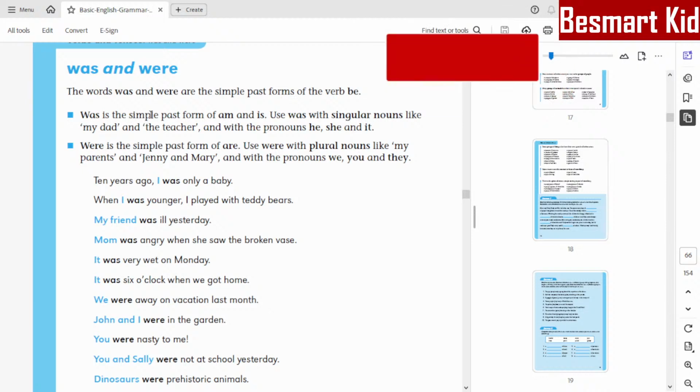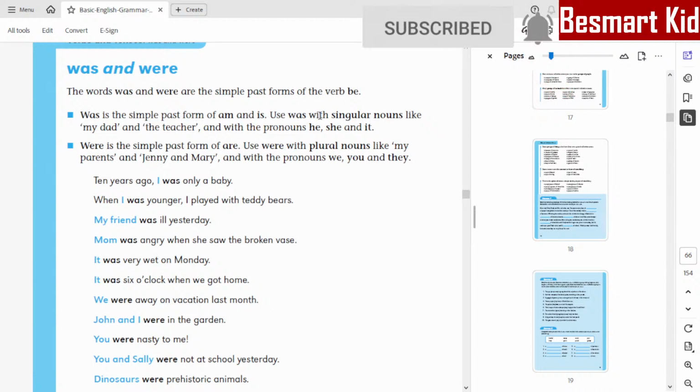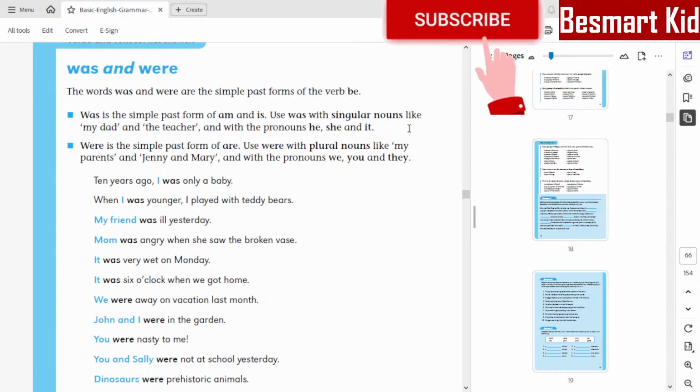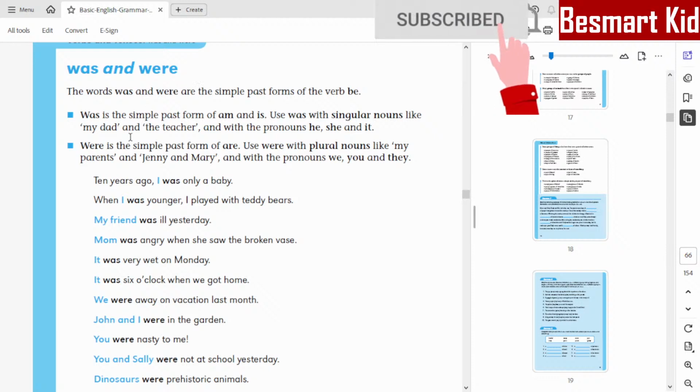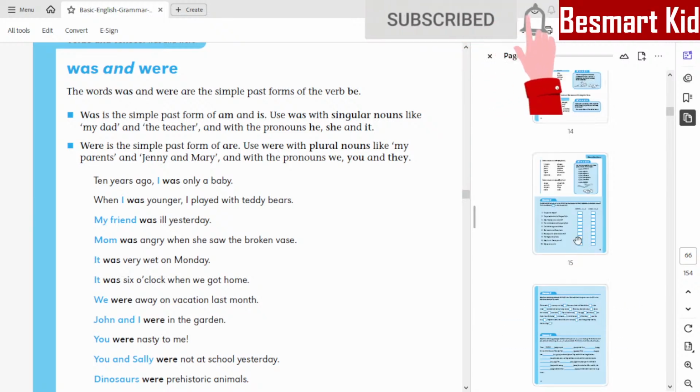Was is the simple past form of am and is, used with singular nouns like my dad and the teacher, and with the pronouns he, she, and it.